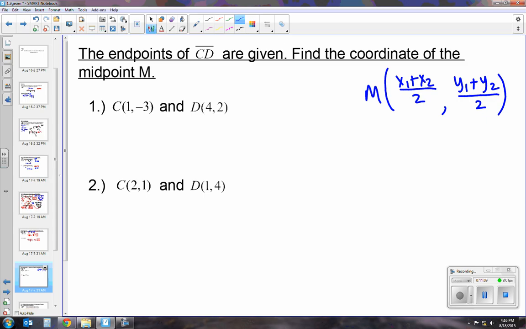All right? So the very first thing that I always want you to do is to label your points. So we're going to label those points: x sub 1, y sub 1, x sub 2, y sub 2. Once we've labeled, we're going to plug this into the midpoint formula.